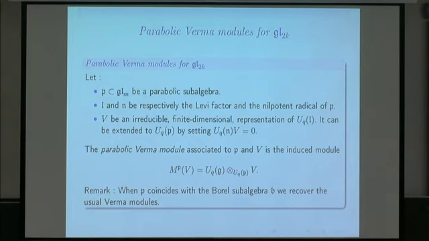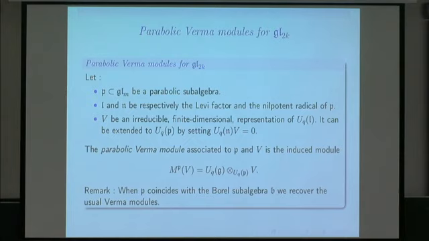This means a subalgebra that contains a Borel. So if you like to think in terms of matrices, a subalgebra that contains upper triangular matrices. And for the experts, everything is standard: standard Borel, standard parabolic. I will not do anything outside this setting.